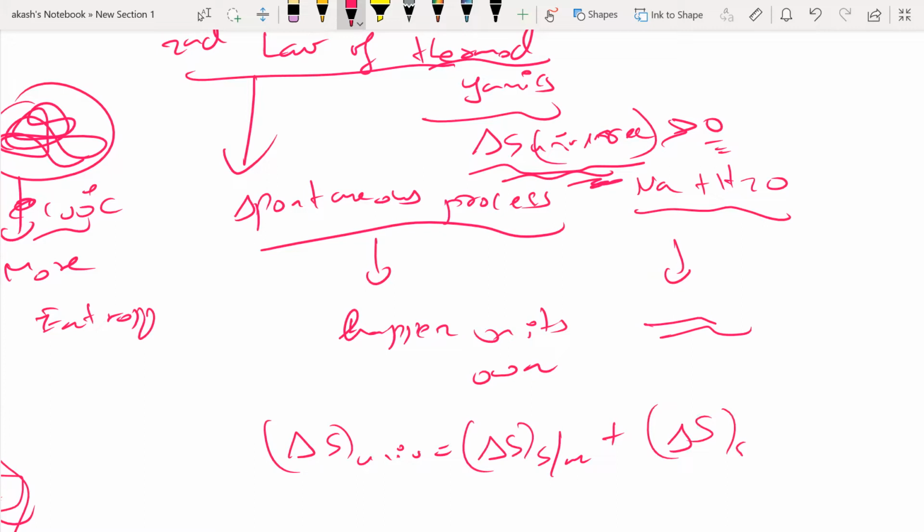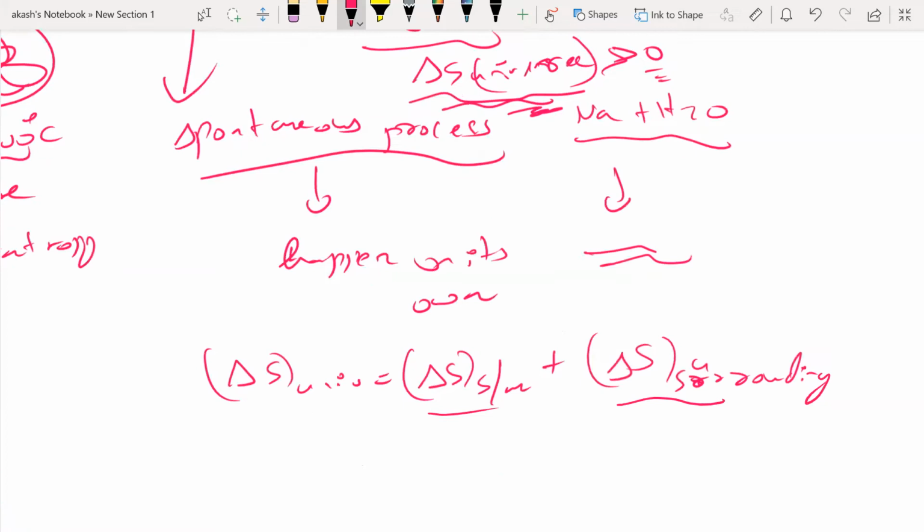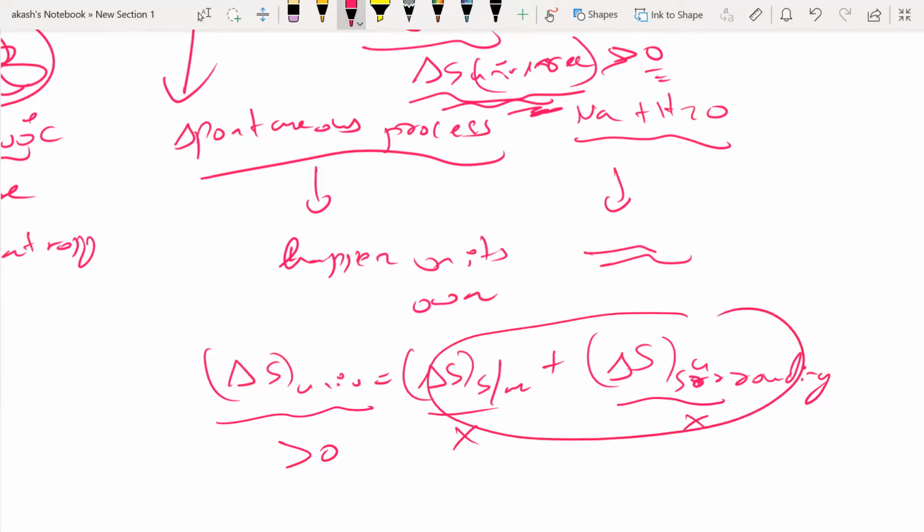When you add them both for a spontaneous process, you get your delta S universe. That value should be greater than zero. We are not talking about this one or that one individually; we are talking about the sum. If you take the sum and calculate the entropy of the universe, and that value is greater than zero, then we can call that process a spontaneous process.